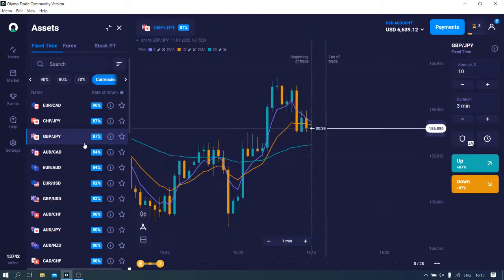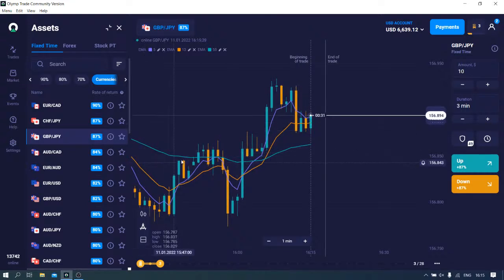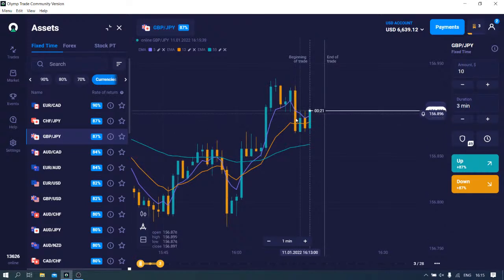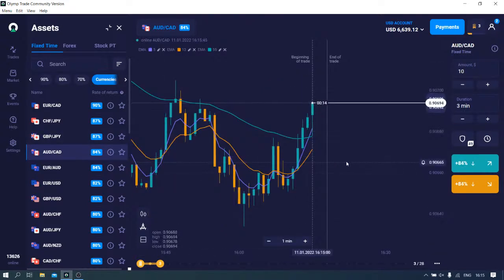I got used to trading on currencies. Okay, this is a pretty risky one, Great Britain pound against the Japanese yen. This is not the right time to open a trade here because of this pair's volatility at the current moment. So let's skip it and proceed to the next one.